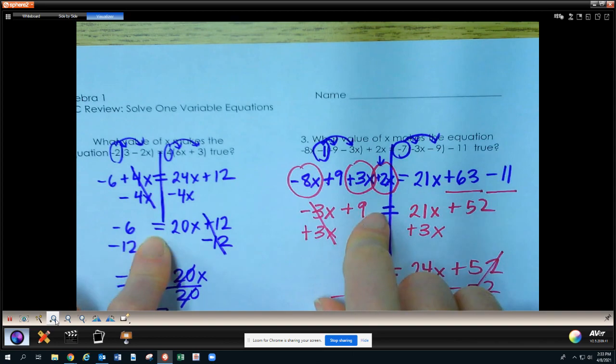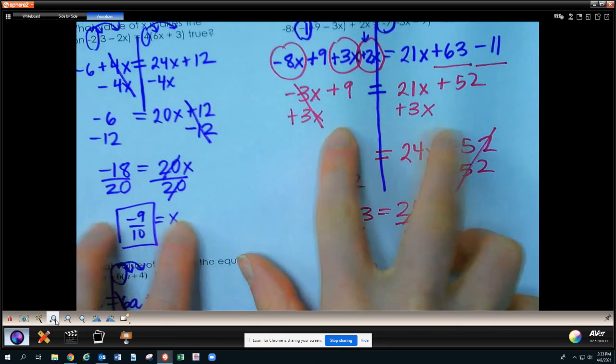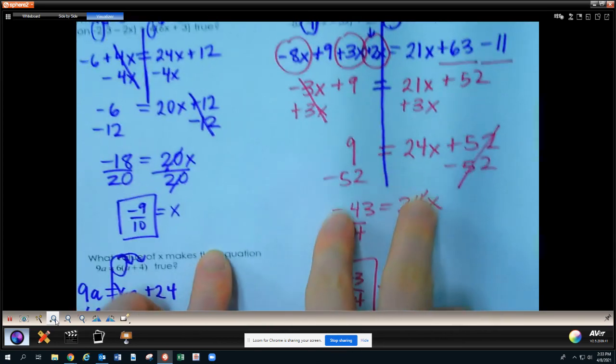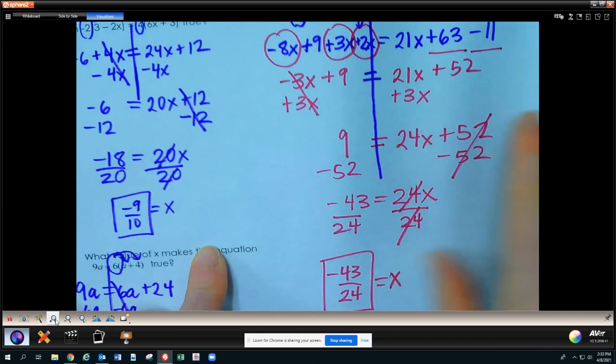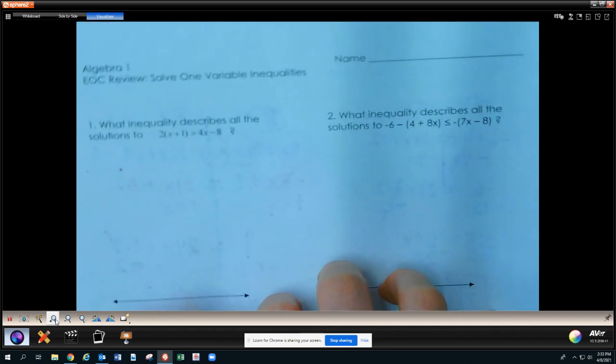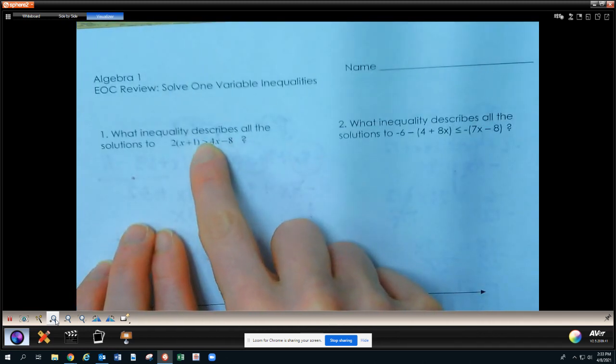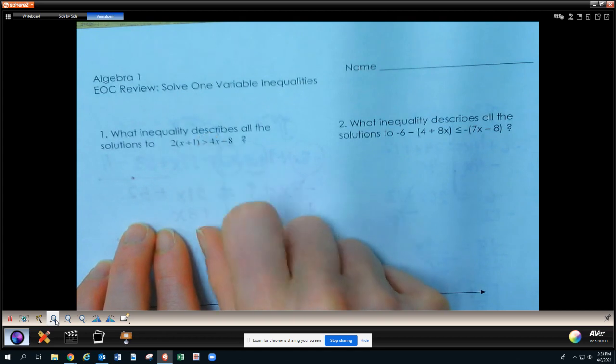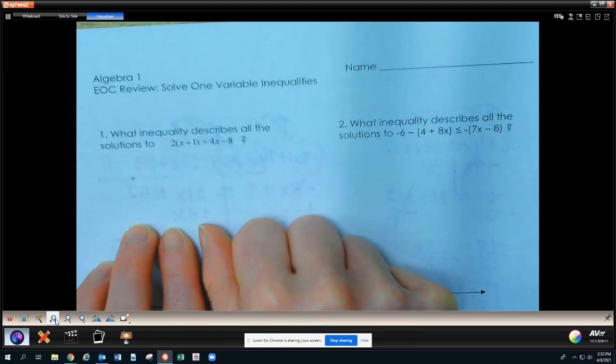Distribute, combine like terms, simplify as much as you can before you start balancing and moving things to the other side. The same process happens with inequalities, but you have to be super neat because the inequality flips if you divide by a negative at the end.